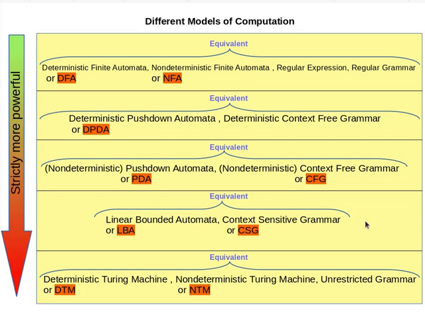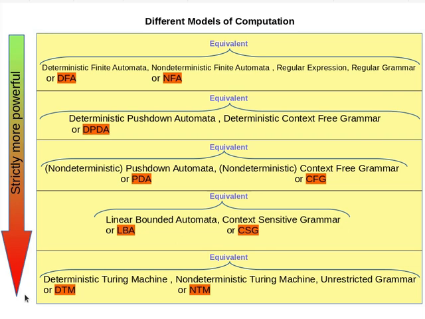And similarly, this LBA is strictly more powerful than pushdown or finite automata. And finally, we have Turing machine. So Turing machine is the most powerful. So this is all powerful. Okay, this is the most powerful of all the other models. So now we will explain what we mean by equivalent and strictly more powerful.